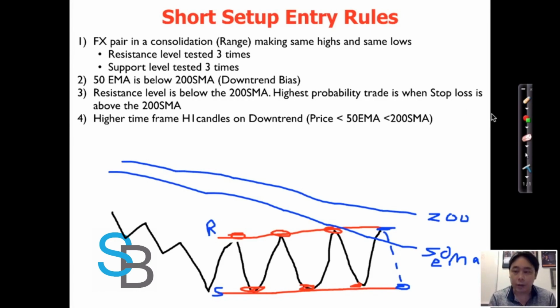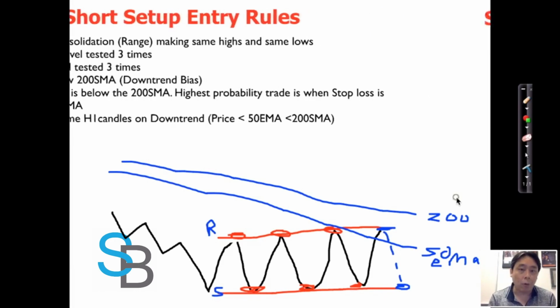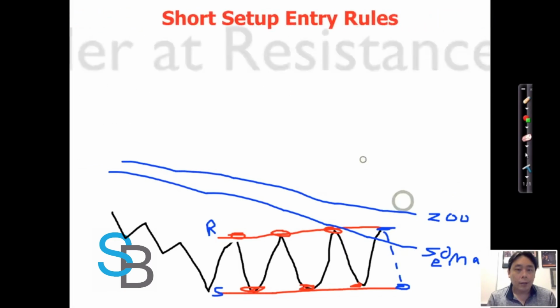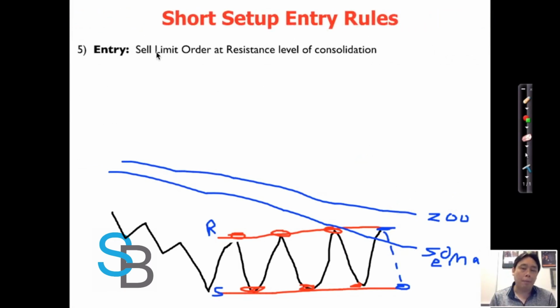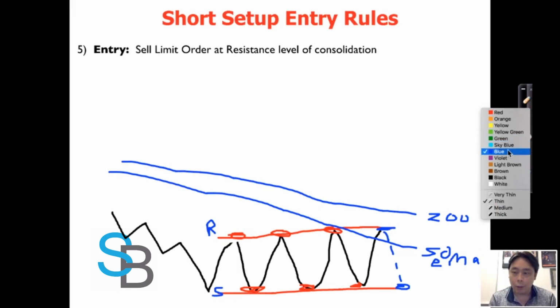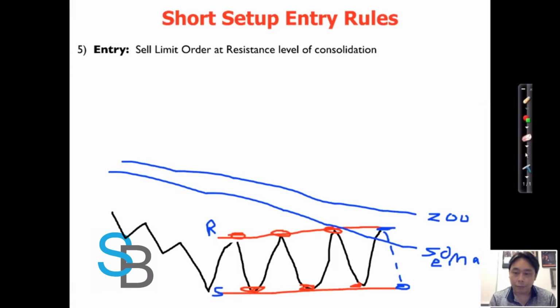Once we've got a short setup, we look to place our orders. For our entry point, we place a sell limit order at the resistance level. In other words, we are looking at the price going up and we think it could be reaching that resistance level, so we place a sell limit order there.